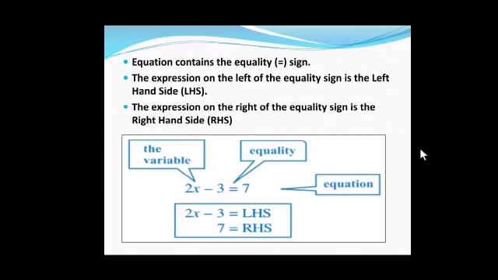Suppose in this example, 2x minus 3 equals to 7. Equals to is equality sign. What is x? X is the variable, and this complete is an equation. What is LHS over here? 2x minus 3 is LHS. What is 7? 7 is RHS. So, this is an algebraic equation or only equation.